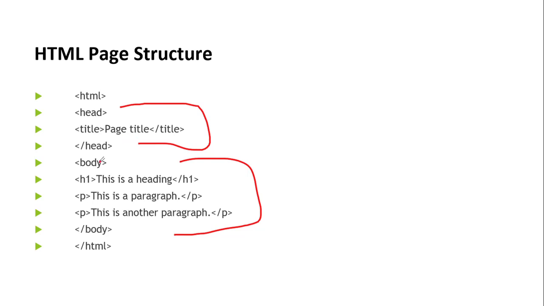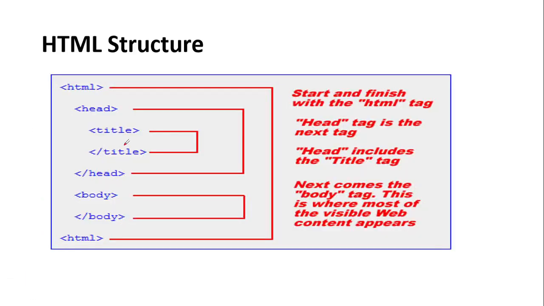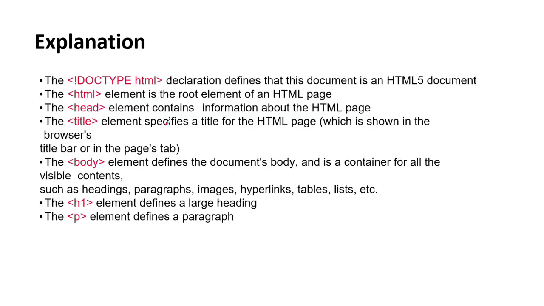Next, we discussed the structure explanation. It always starts with the HTML tag, next comes the head tag, and the head includes the title tag. Next comes the body tag, where visible contents appear.